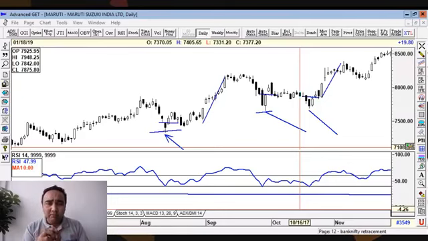If I use volume, some part of Bollinger Bands, which is volatility, and some part of trend lines, moving average support or Fibonacci, then I can avoid certain whipsaws, but I cannot completely get rid of them. Even we get stop losses triggered, and stop loss is a part of life. As long as you are managing your risk, it's okay. There's no way you can get rid of all the whipsaws, not possible in any of the systems, I guess.